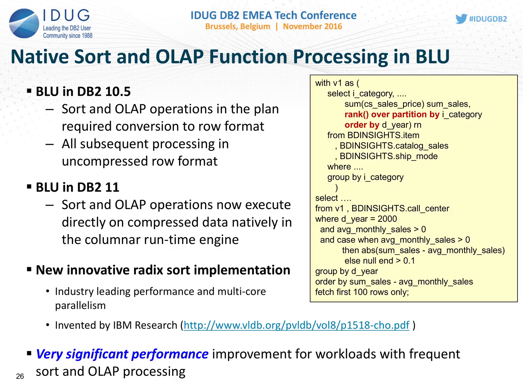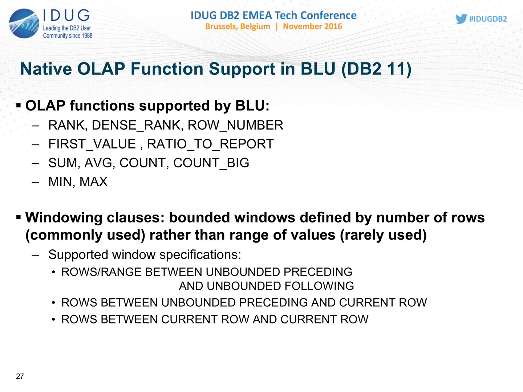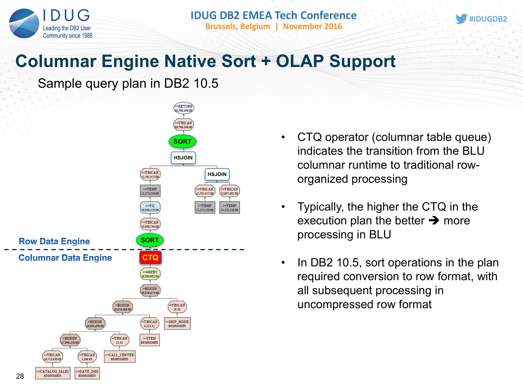So here's an execution plan, the way it might have looked with DB2 10.5. You see there are a couple of sort operators in the execution plan here in bright green. And we read the execution plan from the bottom to the top. Before the first sort is executed, you see the CTQ operator here. That's the columnar table queue, which converts data from the columnar BLU format to the traditional row organized format.